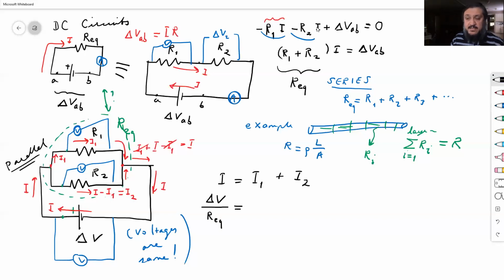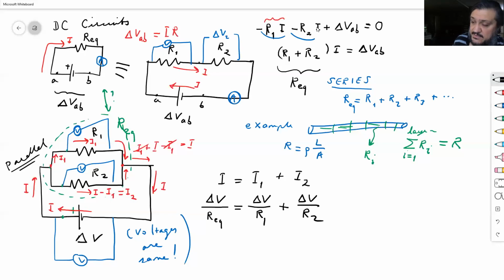So that REQ times that current would be equal to delta V, right? What about I1? Take the voltage across R1 divided by R1, that's I1. So the second current is similarly equal to delta V divided by R2.